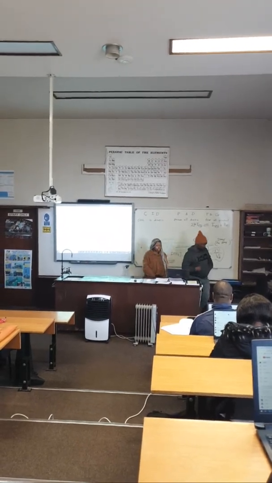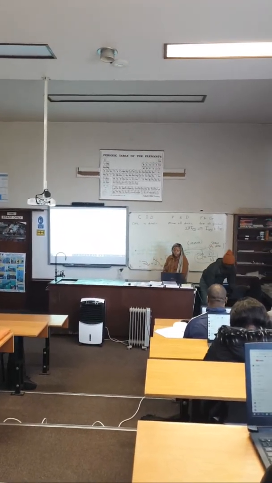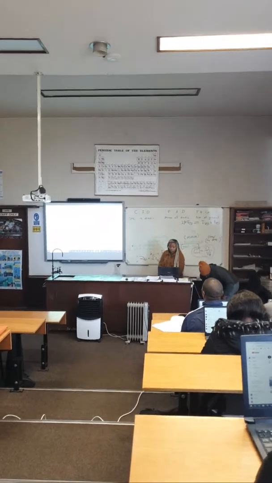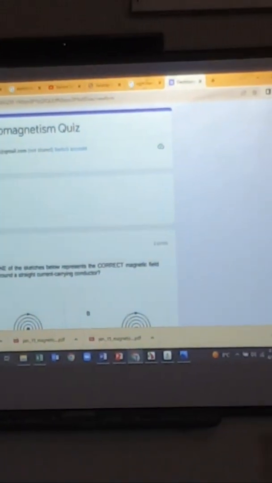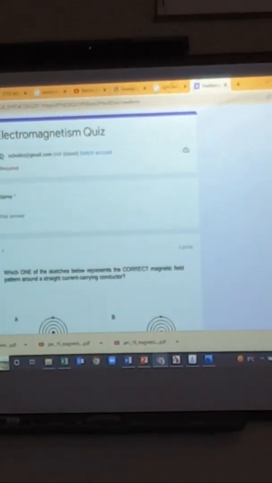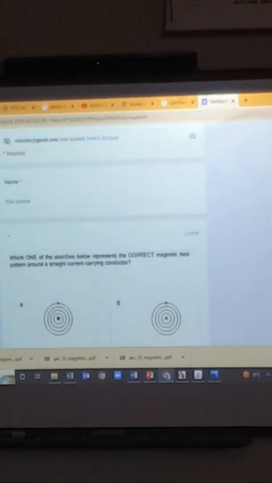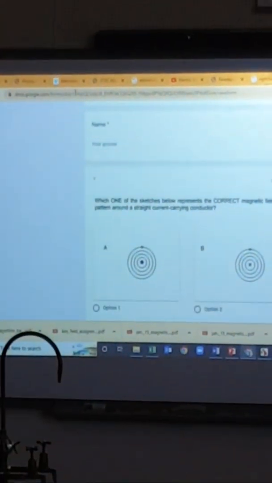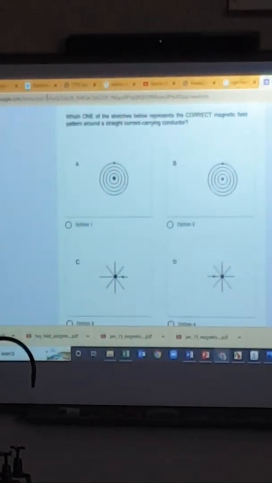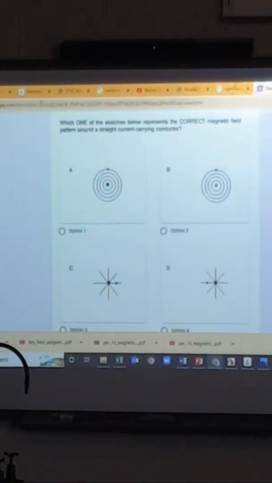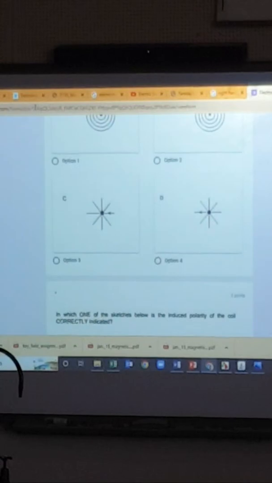Thank you so much. So the quiz that we had was based on the information that the learner would have got. I don't think we could obviously fit everything into one lesson because there's a lot of things. But as I said, learners could do this for homework. Started with the obvious question, the name, and it's a multiple choice quiz.